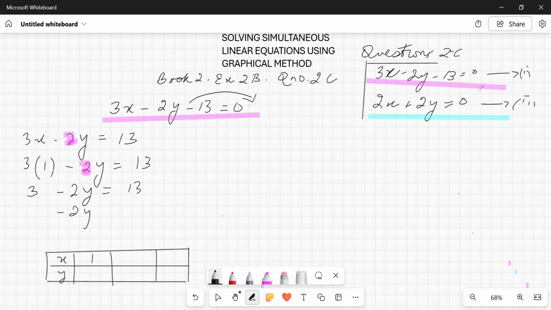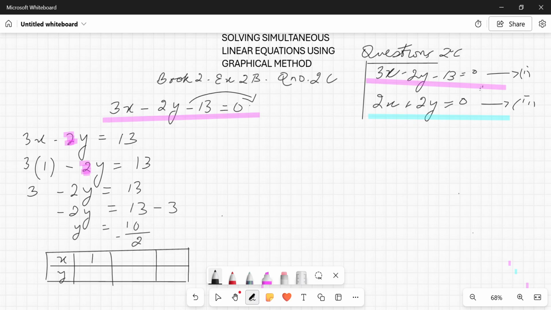Minus 2y, I need on my left hand side. So 13, it was 3, positive 3. Now it becomes minus 3 because we shift from left to right. Now minus 2y, 13 minus 3 gives you 10. So minus 2 being multiplied is shifted to the other side as a division.